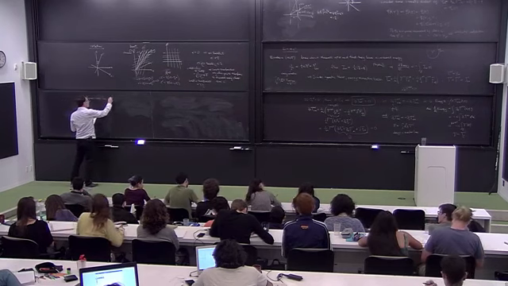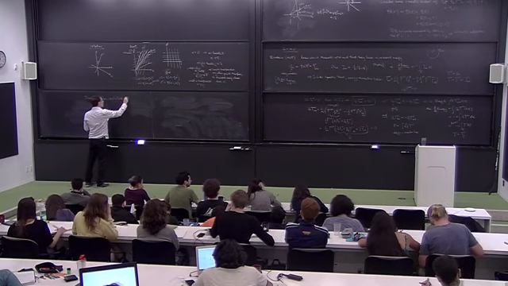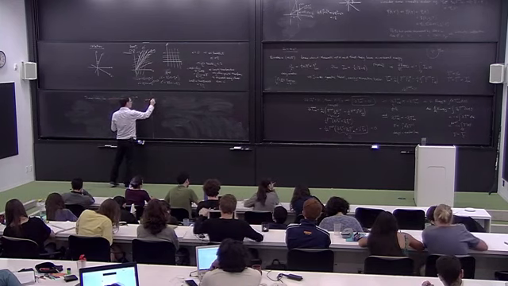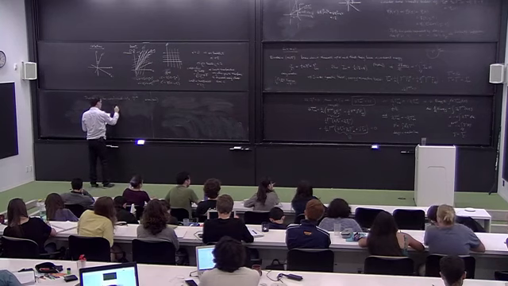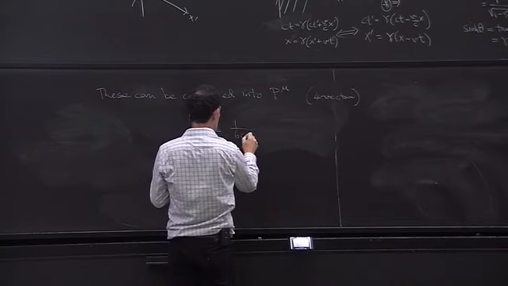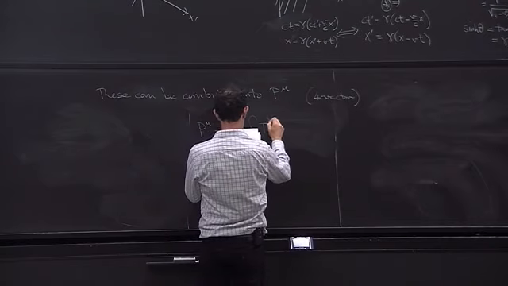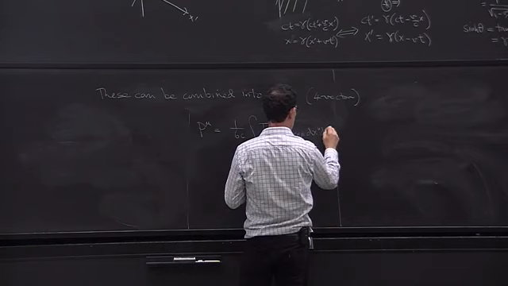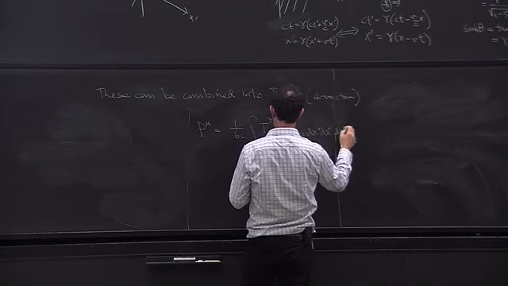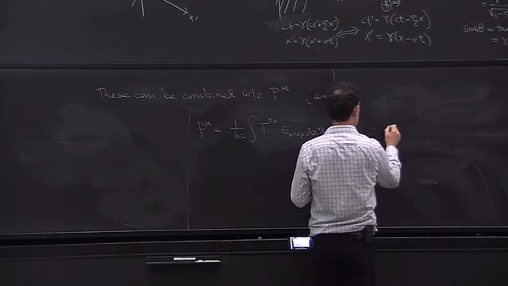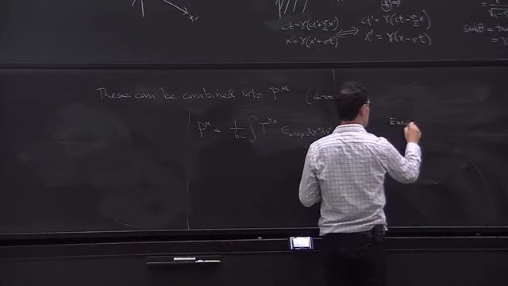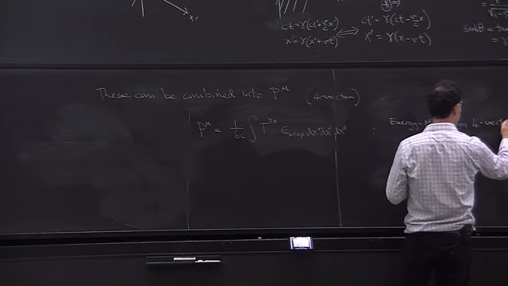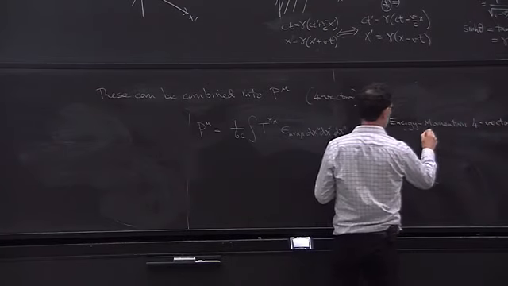These can be combined into p mu, which is a 4-vector, where p mu equals 1 over 6c integral T gamma mu epsilon mu nu alpha beta dx nu dx alpha dx beta, and this is the energy momentum 4-vector in the electromagnetic field.